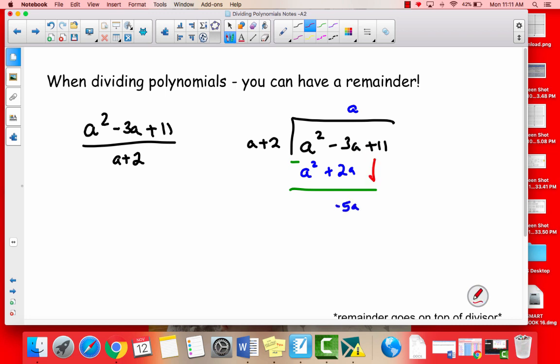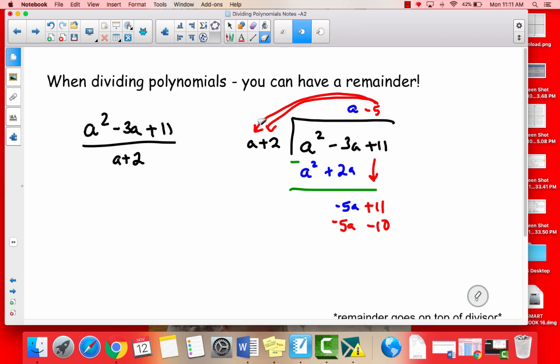And then I can bring down my last term, so bring down the 11. So now when I multiply, a times what gets us negative 5a? Well, that's a negative 5. So negative 5 times a is negative 5a, and negative 5 times 2 is negative 10.